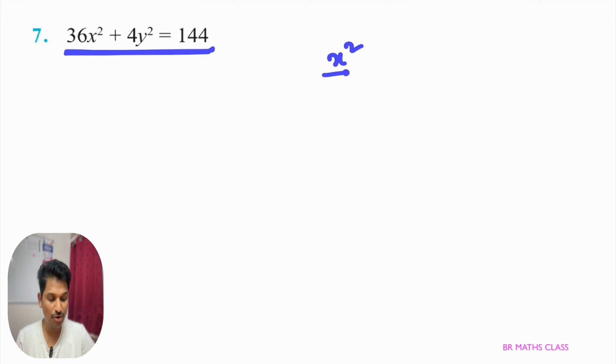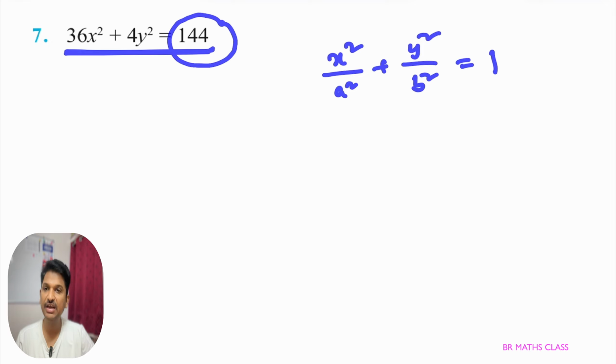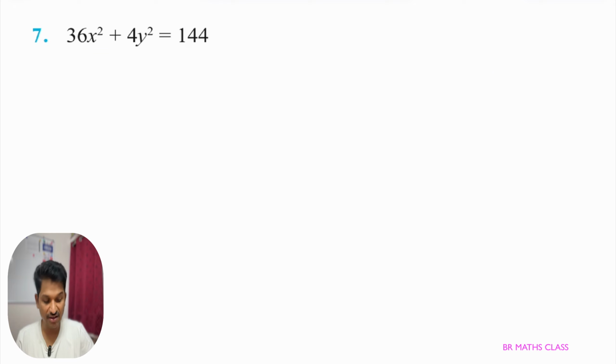In standard form of ellipse, we know that after equal we will get 1. So here also you try to get 1 after equal. For that you divide this complete equation with 144.